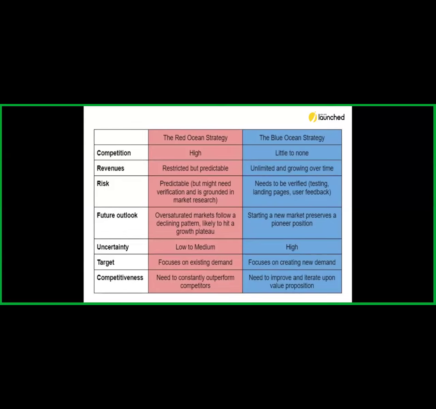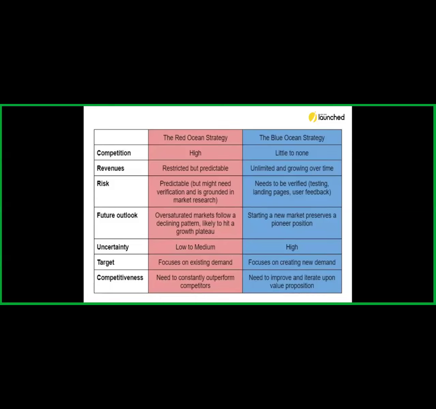The blue ocean strategy is unlimited and growing over time, because you are in a position to increase the price of your product. Why? Because there is very little competition or no competition at all. Then if we compare on the parameter of risk, under the red ocean strategy it is predictable but might need verification and is grounded in market research. So the growth is predictable.